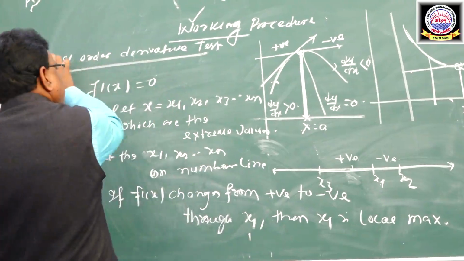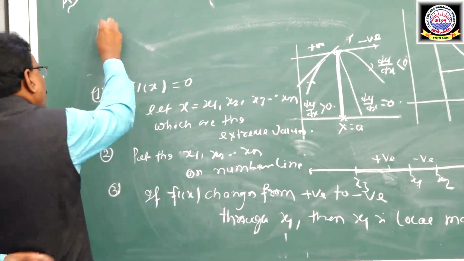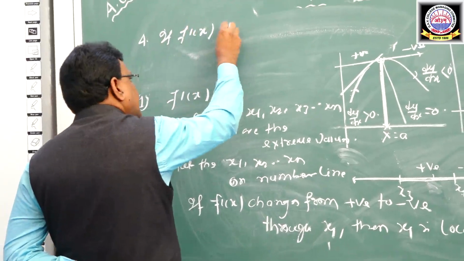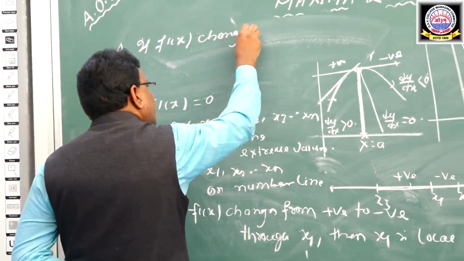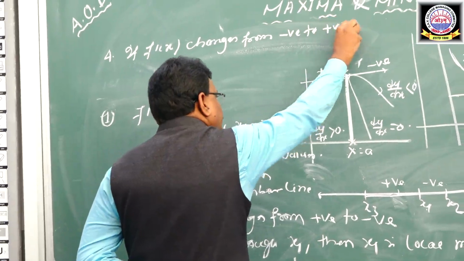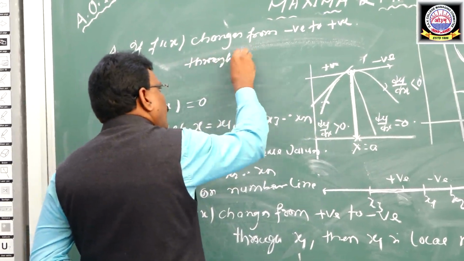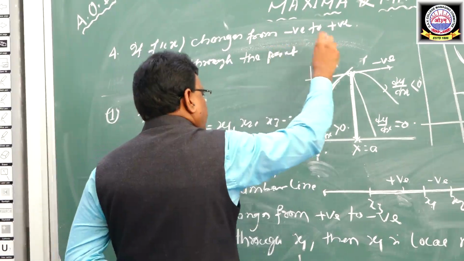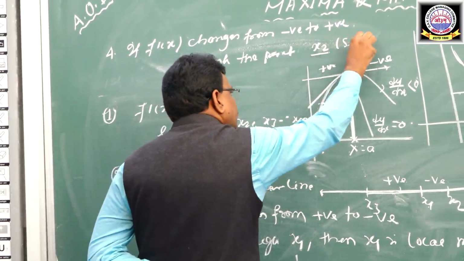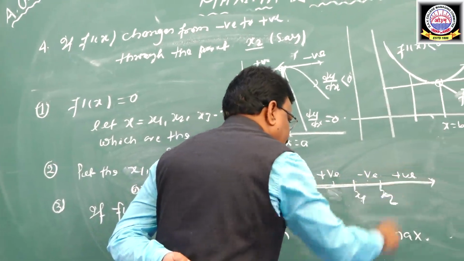Similarly, the fourth point I can write here. The fourth point, if f dash x changes from negative to positive through the point, suppose x2. So here it was positive to negative, and here it is negative to positive.